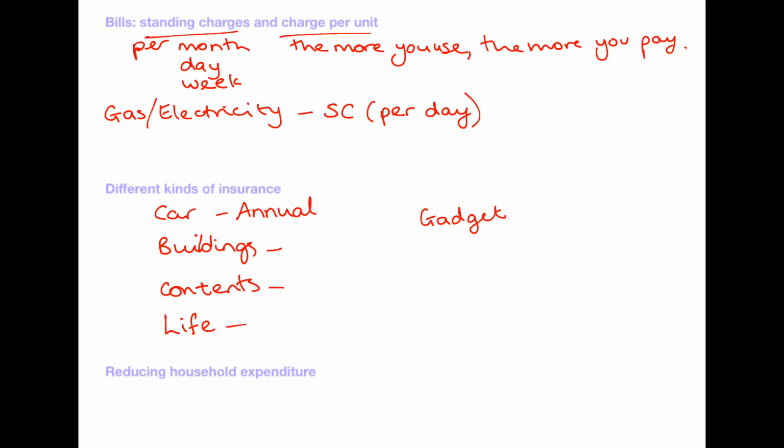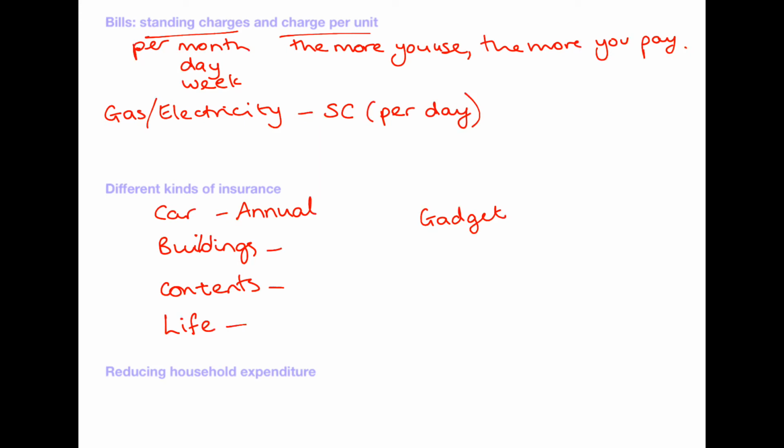Life insurance is to cover, for example, if there was a married couple living in a house and one of them unfortunately died, the life insurance would hopefully give the other one enough money so that they could carry on living in that house and that they could carry on doing the job that they're doing and still be able to afford their life.